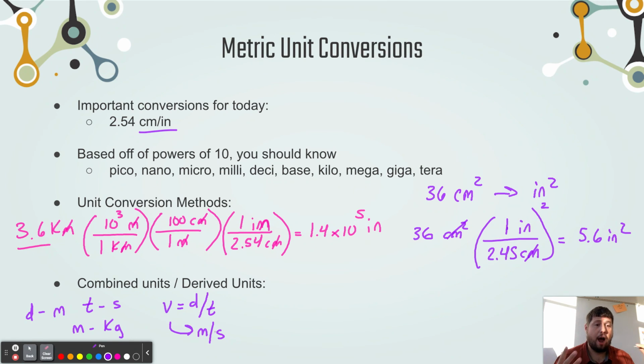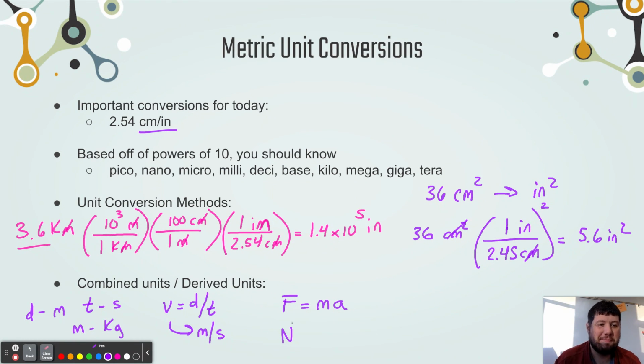And these can get quite complicated. Acceleration is meters per second squared, and they can get further and further. In fact, let's take a look at another formula, F equals m times a. So this is Newton's second law, and we can use units to help us understand what the unit of force should actually be. You might remember that the unit of force is actually a Newton, named after Newton who made this law, but what is a Newton?